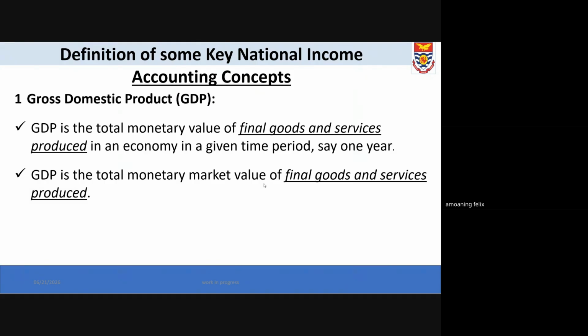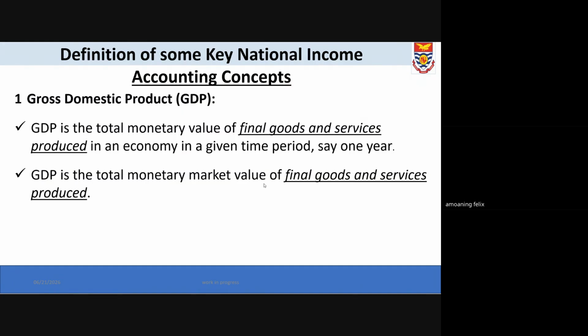Example, I buy bread. When I buy bread and I'm going to consume the bread, it is a final good. So the basic question that we ask is why do we insist on the production of final goods and services? Why?